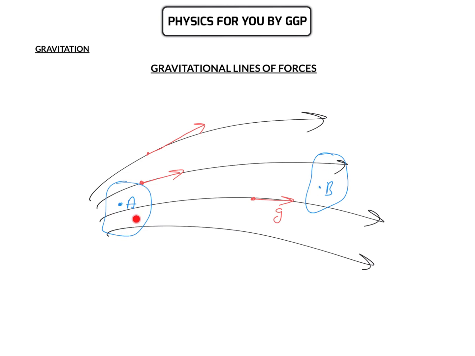You can observe that the density of field lines is more at point A. This line density gives an idea about the gravitational field strength. So you can write that the strength of the gravitational field at point A is greater than at point B, and the tangent at any point gives its direction.